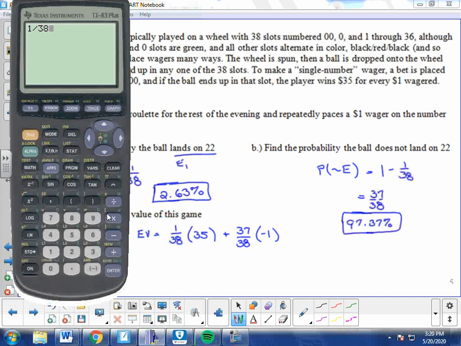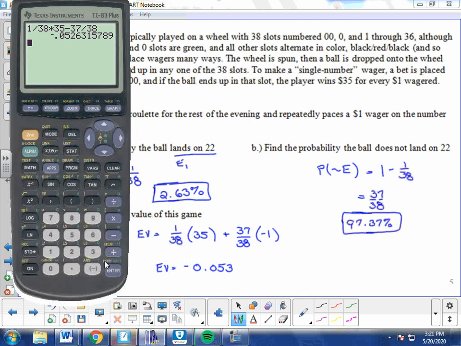So 1 over 38 times 35, and then I'm going to subtract 37 over 38, because that's 37 over 38 times negative 1. And we can come up with this expected value. If we're going in dollars and cents, the expected value is about negative 0.053, or if you went with 0.05, that would be okay.